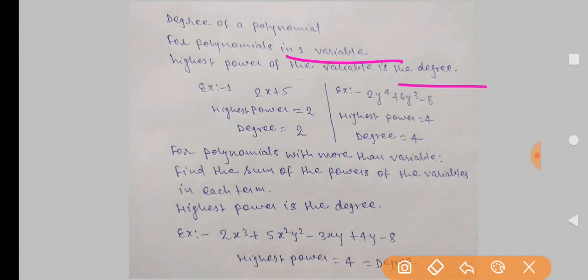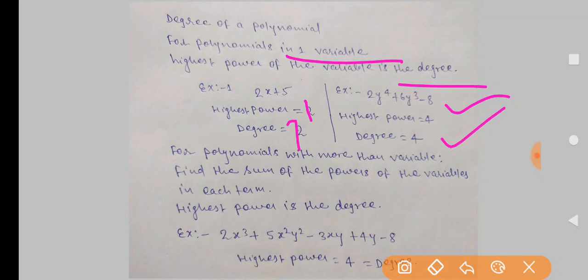Here 2x plus 5, highest power is 1, so degree will be 1. Another example, 2y to the power 4 plus 6y to the power 3 minus 8. This is a polynomial and the highest power here is 4. So degree is 4. Okay.